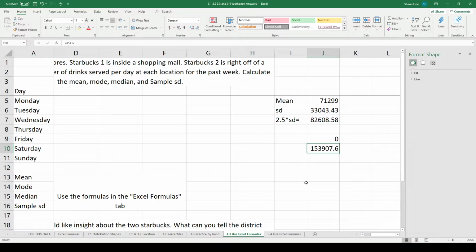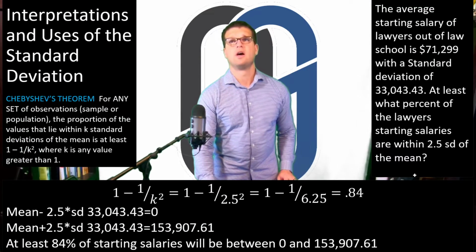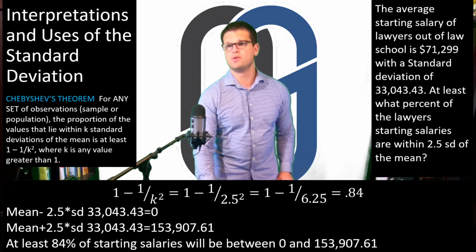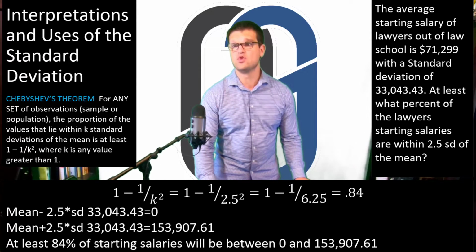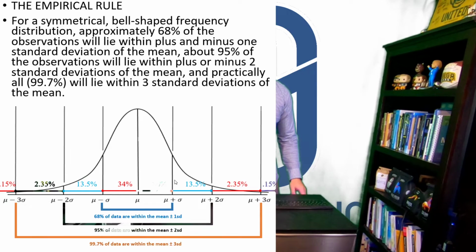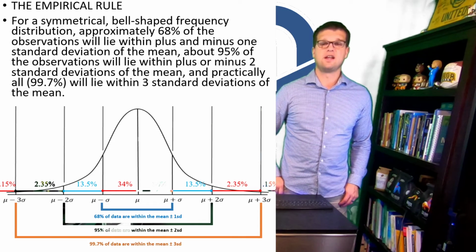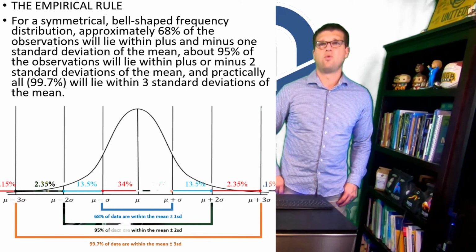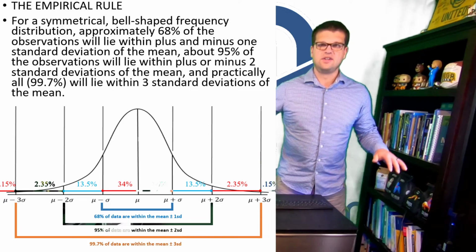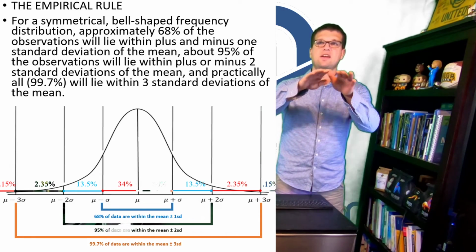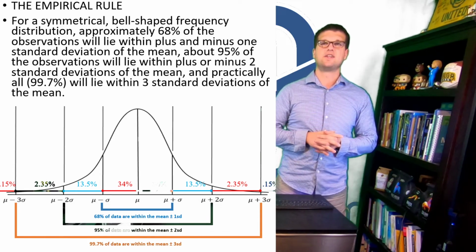You can use even more powerful tools if you use a different distribution. For instance, if your data is normally distributed, you can use a different rule. The empirical rule assumes that the data is normally distributed, a nice bell-shaped distribution.